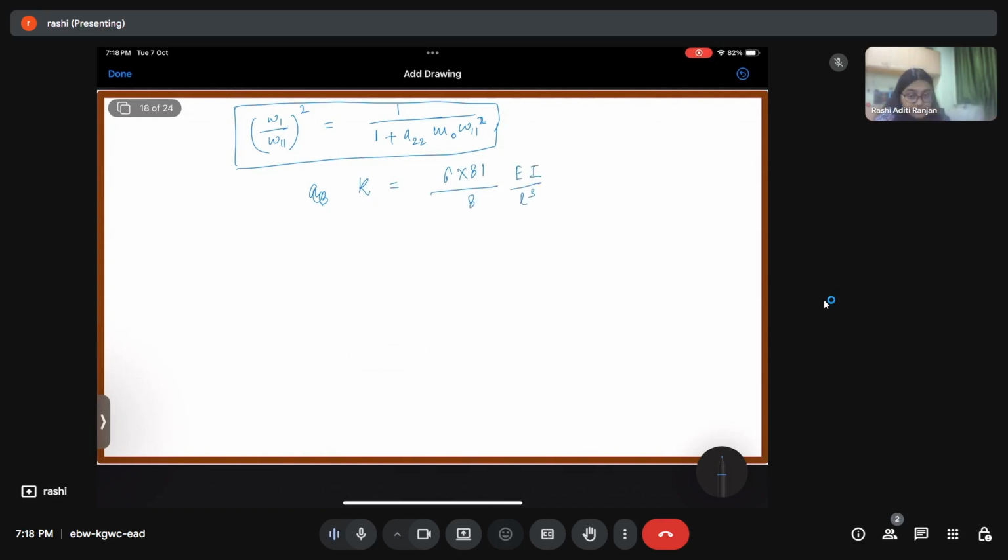So if we know the stiffness, we can simply evaluate A22 as 1 by K and write it as 8 L cube by 6 into 81 EI. Correct? This thing we can write. And we can simply put it in that equation.